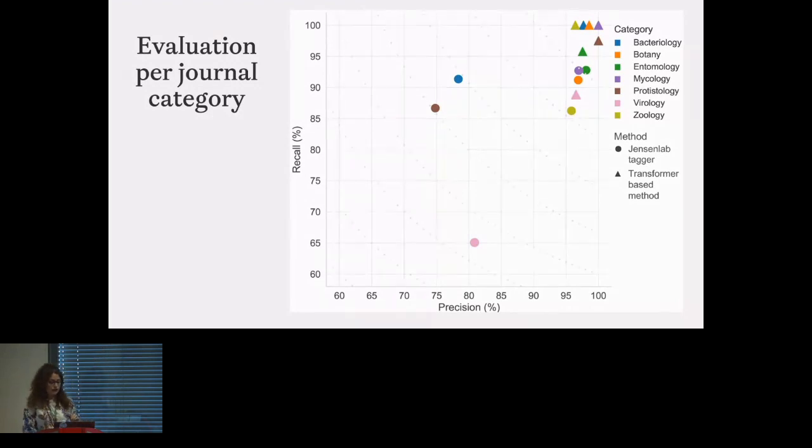And then we see that, okay, yes, the transformer-based tagger really suffers in virology, but also this seems to be a more difficult class in general. This is the one that the transformer-based method really has problems detecting, and maybe more effort and focus should go on this. And I have to say, this was the most difficult class when annotating. We really suffered with viruses.